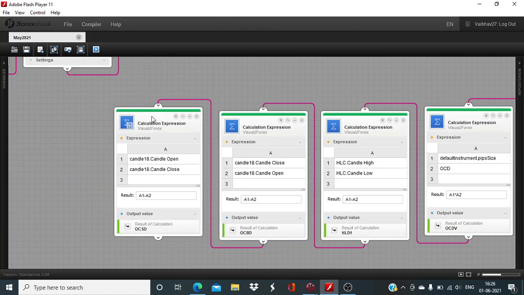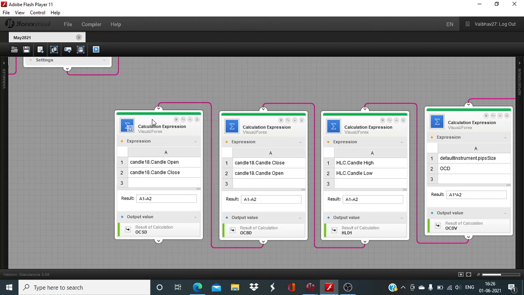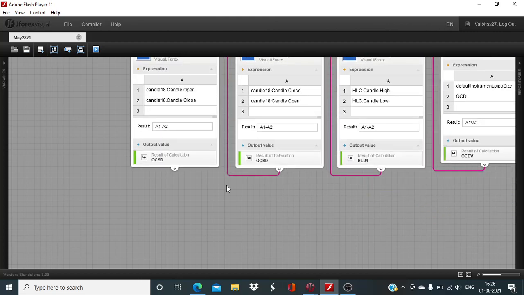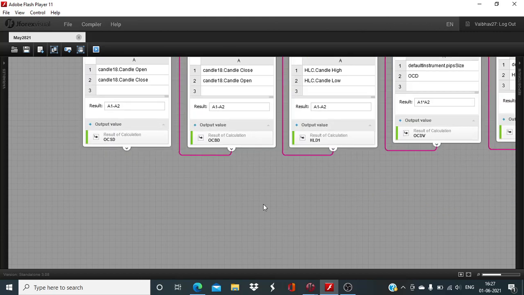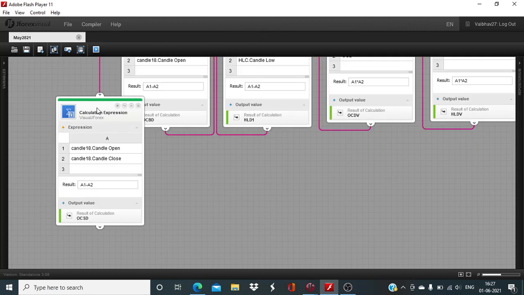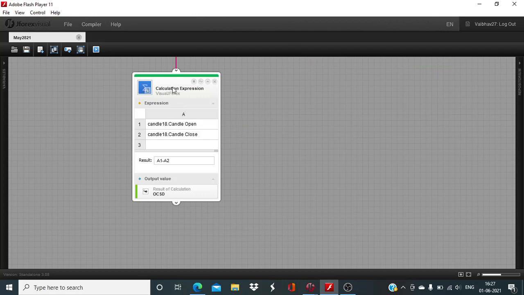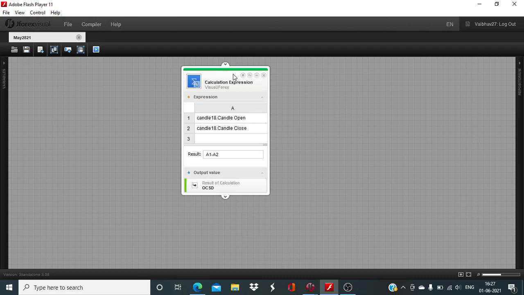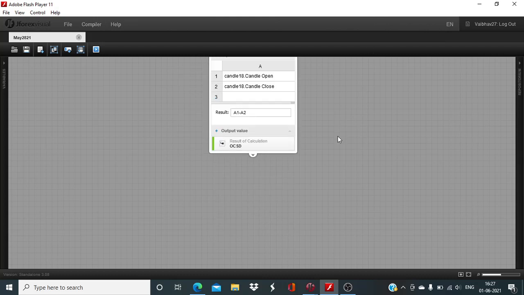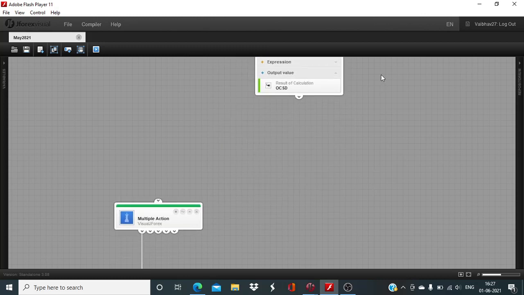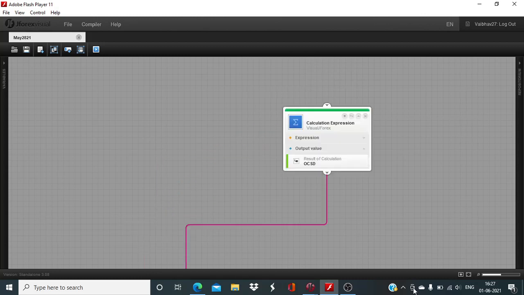Alright. Now with this calculation in place, I think I can join it on the lower side to the multiple action, as I don't think we will need to add any new blocks moving forward, and if we do need, of course we will add it as and when the requirement arises.